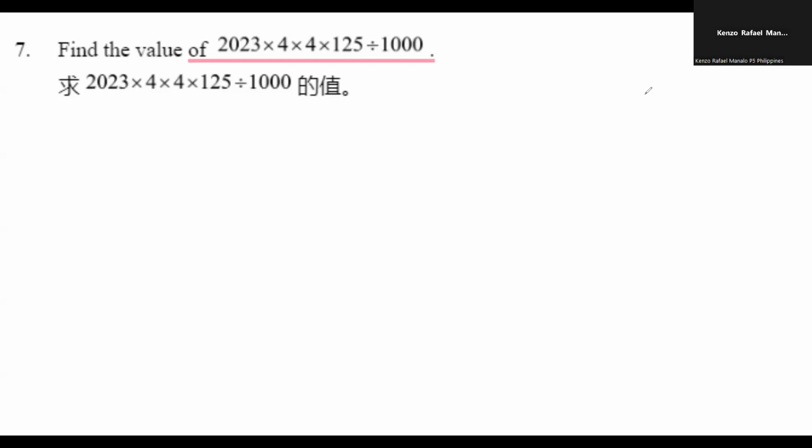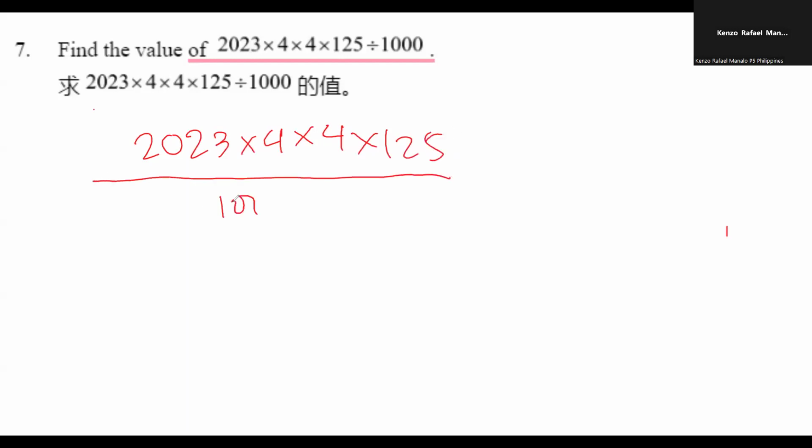So 2023 times 4 times 4 times 125 divided by 1,000 can be written as 2023 times 4 times 4 times 125 over 1,000. I just multiply 2023 times 4 and then open parenthesis, 4 times 125. That will be 8,092 times 500 over 1,000.